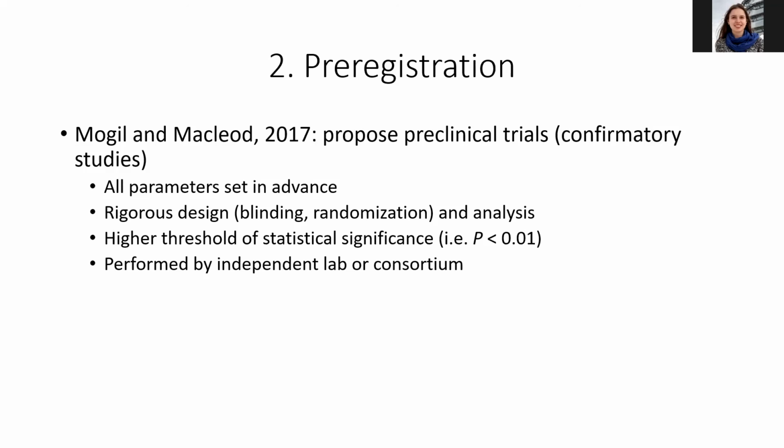There would also be a very rigorous design and analysis, more than in exploratory ones, including blinding and randomization. And they propose a higher threshold of statistical significance. Of course, it depends on the kind of experiment. This kind of study would be performed by an independent lab or even by a consortium. I'm being very brief about this, but I think it's worth discussing the implications of this model after the presentation. So we can go back to this later.